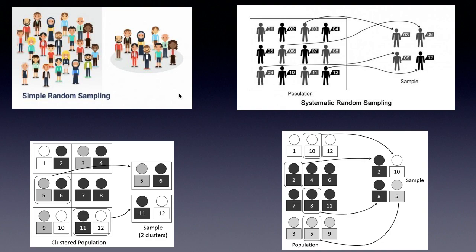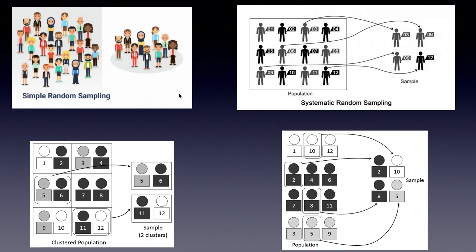One of the things that we are interested in is to come up with a representative sample that represents the population. So these four are referred to as probabilistic sampling techniques. To get a representative sample, these four techniques will help us do this.